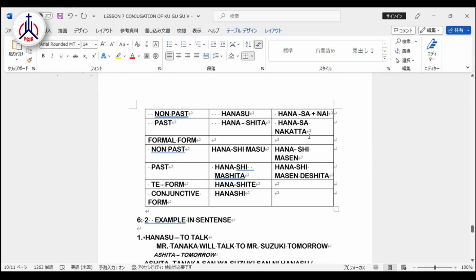And then the past is hanashimasen deshita. The te form will be hanashite. And then the conjunctive form, drop the masu, becomes hanashi.